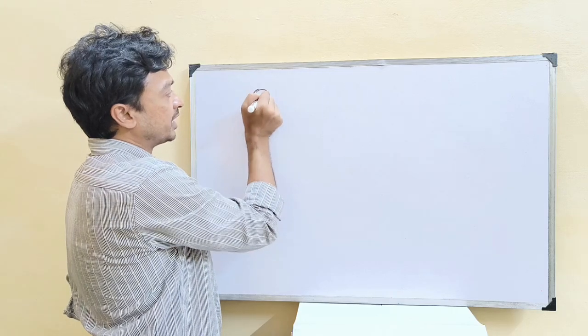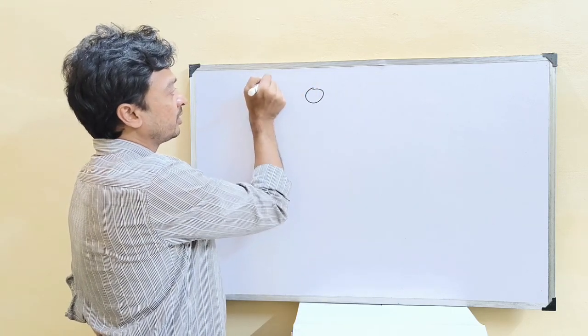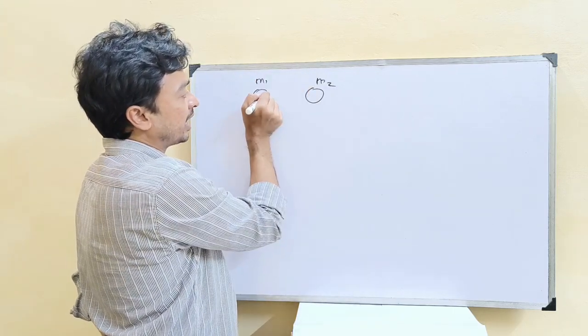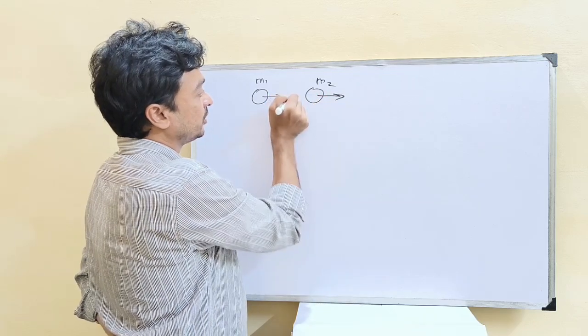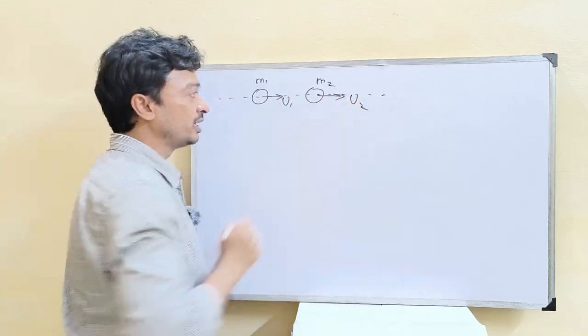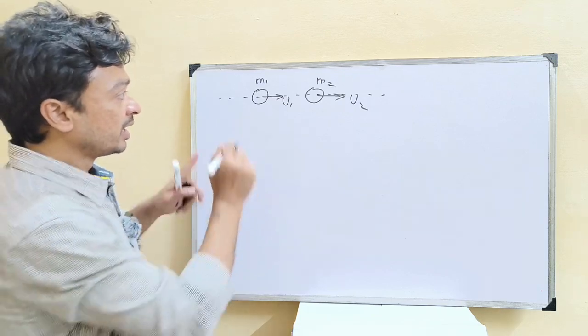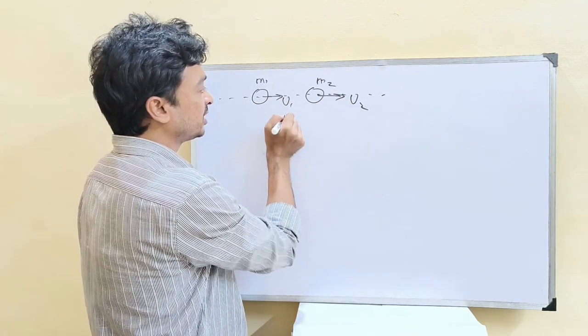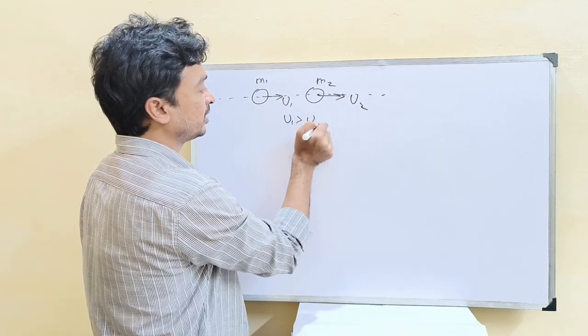There are two objects m1 and m2 having velocities u1 and u2 along the same line joining the centers of mass, and they collide. What is the collision condition? u1 must be greater than u2.